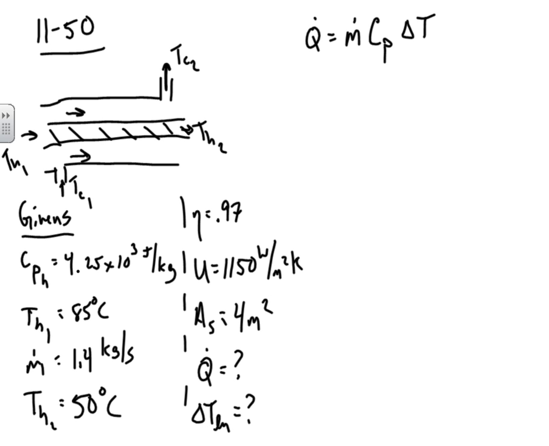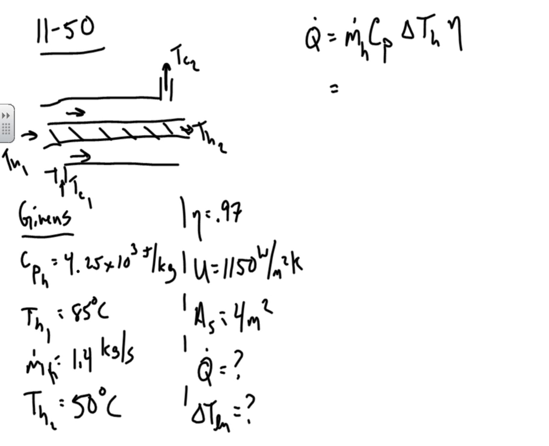So we have the mass flow rate of the hot water. We have the Cp of that hot water. So we'll just look at the temperature difference of the hot water. But we know that only 97% of that is getting transferred to the cold water, so we'll multiply this by eta.